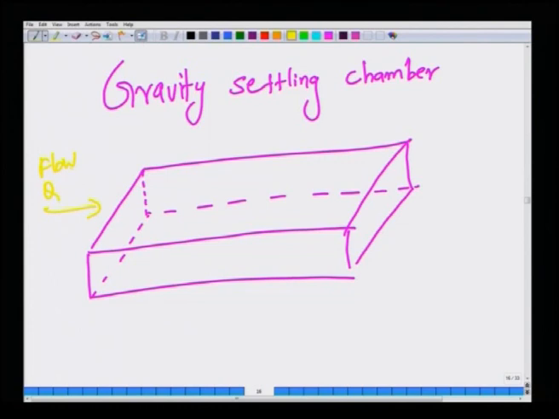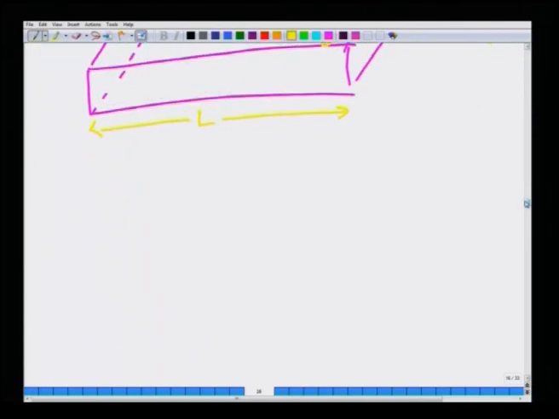Okay. And the width of the channel is w in this direction, and the height of the channel is h. The gap in which particulate is flowing, it is flowing out in this direction, and the length of the channel is L. So, let us assume that w is very large, so we can treat the problem as a 2-dimensional problem.